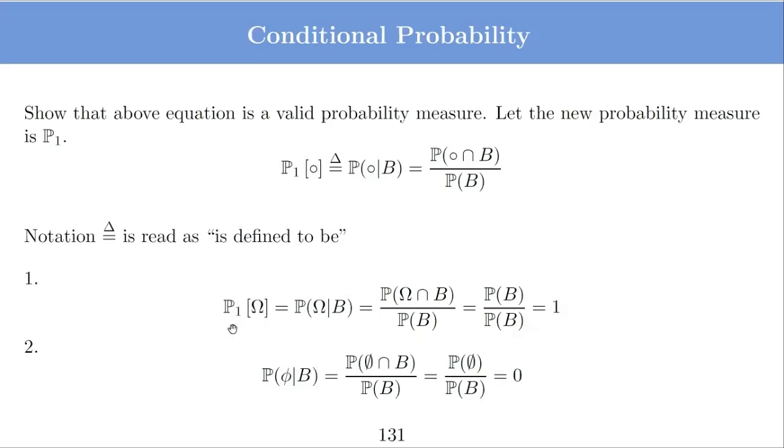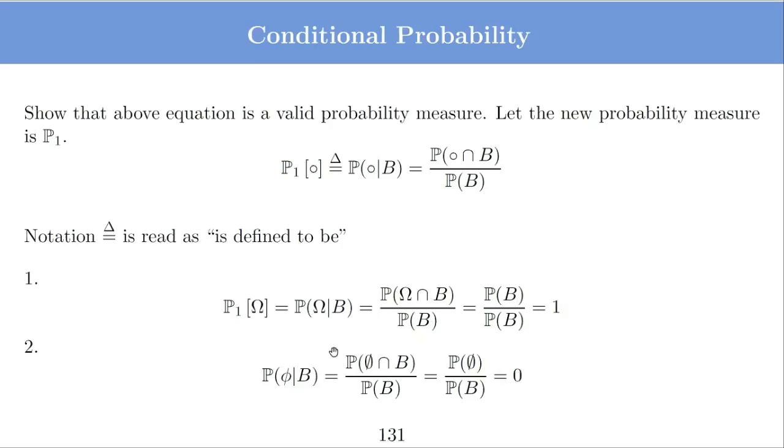P1 of omega is equal to P of omega given B. By definition, this will be equal to probability of omega intersection B divided by probability of B. And B is always in omega because omega is the complete sample space, so omega intersection B is nothing but just B. So this will be probability of B divided by probability of B, and that is equal to 1 because we have assumed probability of B is not 0.